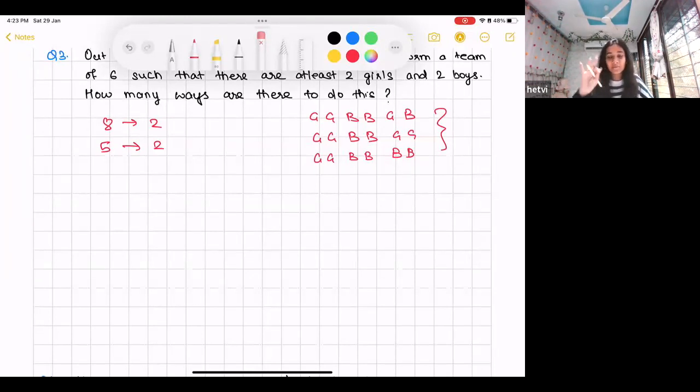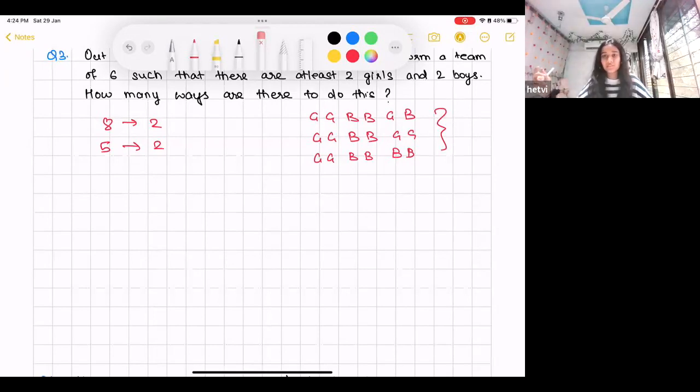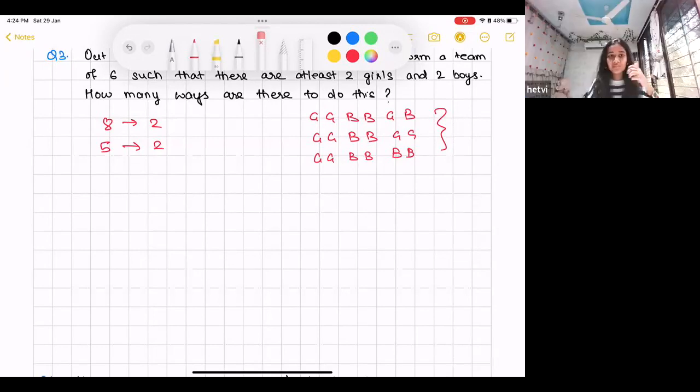Same, Meera. You have 3 terms. Your answer is correct, but try and reduce it down to 1 term. It's something into something plus something into something plus something into something. So everyone who's got that type of answer, try reducing it.